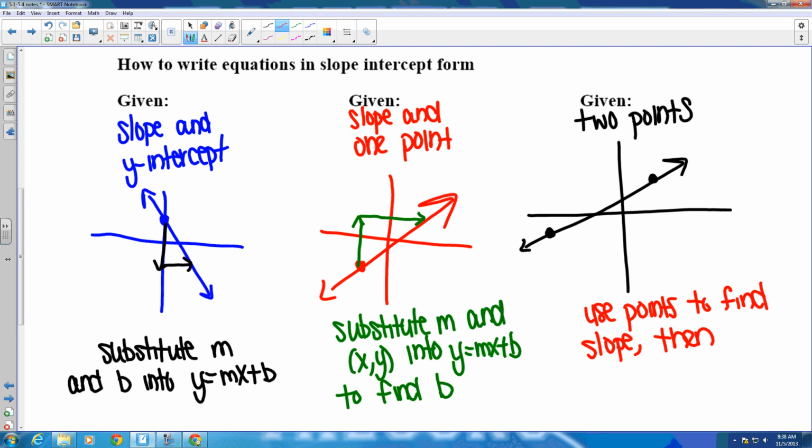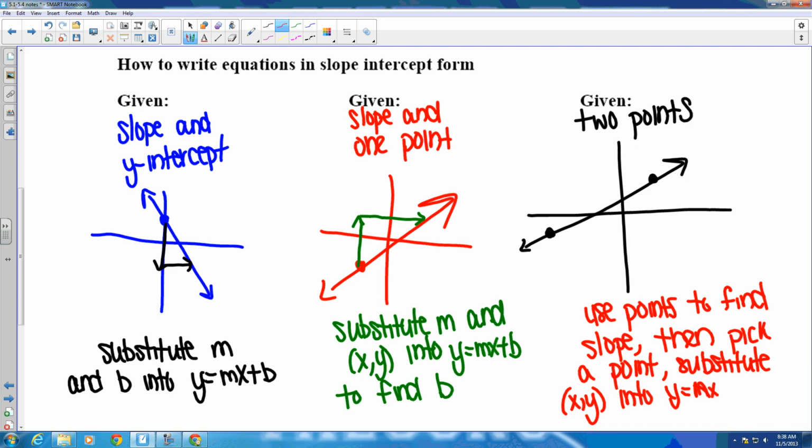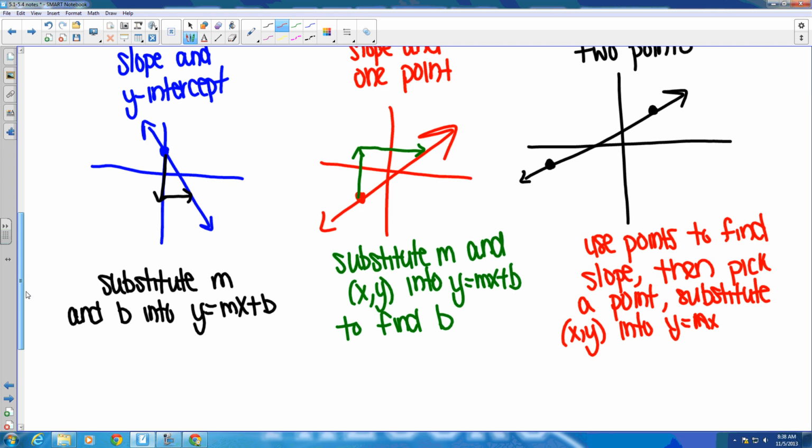Then pick a point, substitute x, y into our equation, m x plus b to find b. Scroll down just a little bit so we have some more room. Okay, so this part is repeating what you did over here.